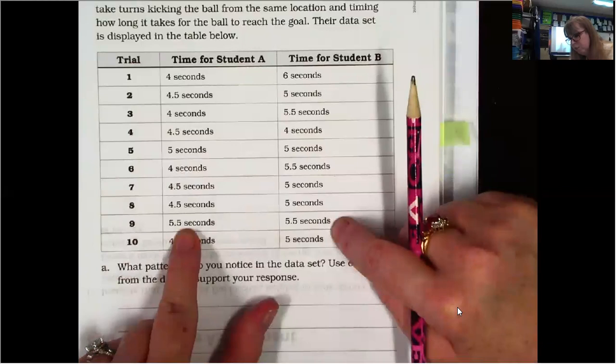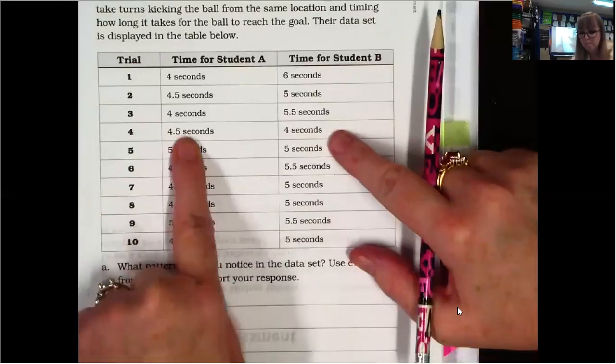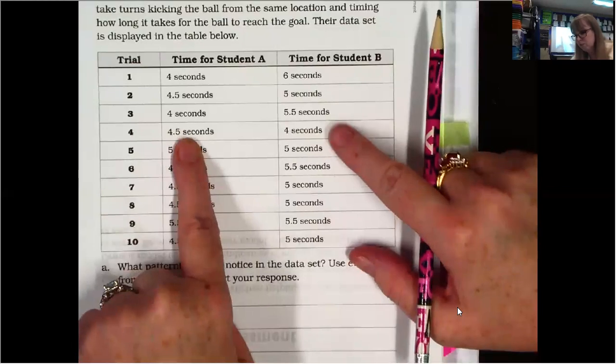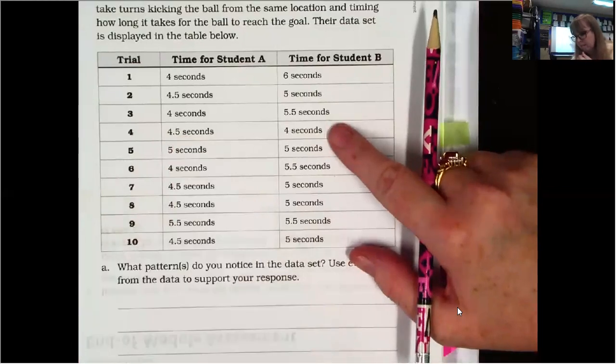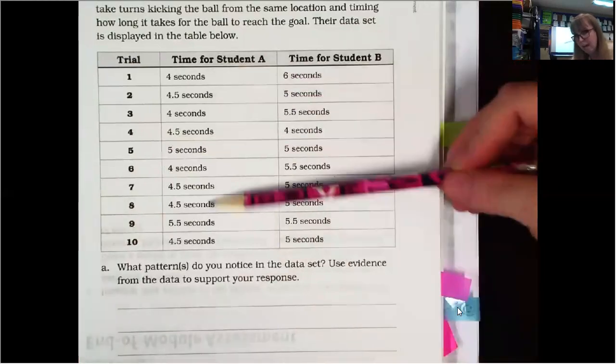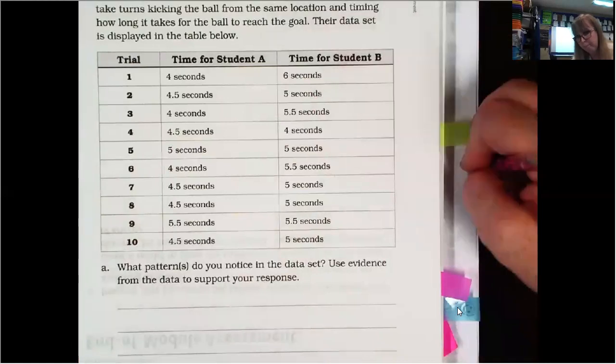Trial 5 and 9, she tied. Trial 4, student B was faster. The other 7 trials, student A got the ball to the goal faster than student B.